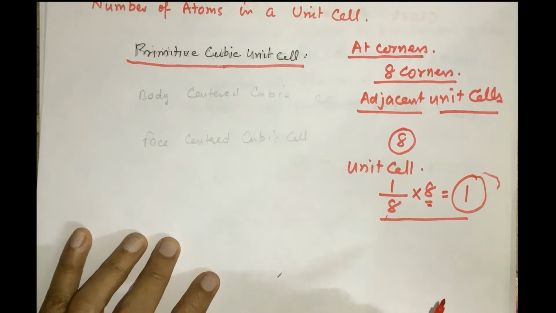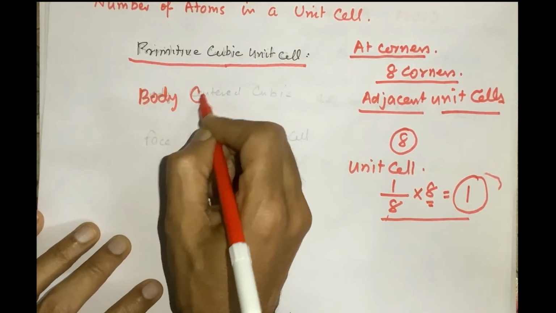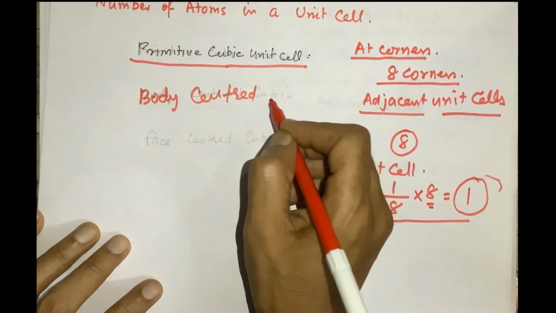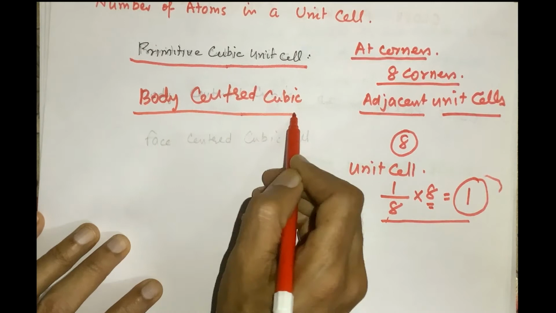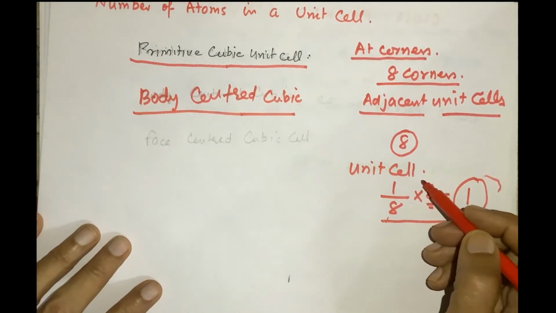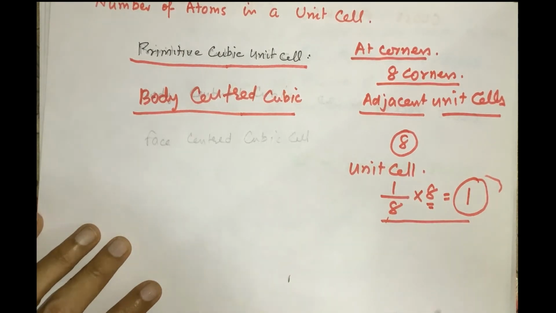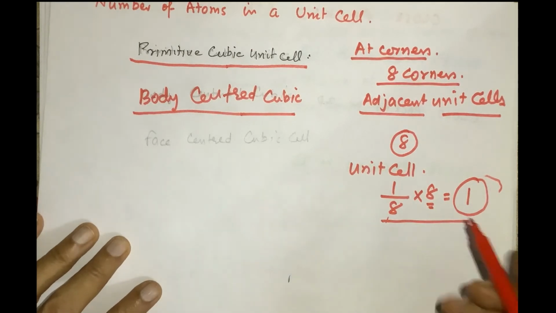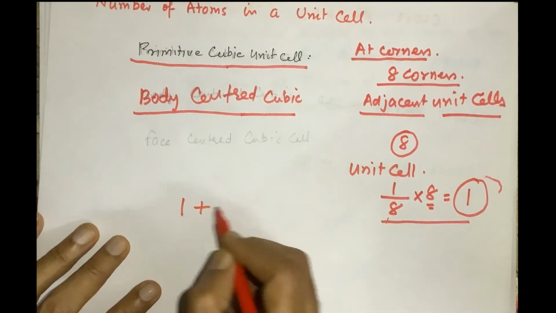Now if we see body centered cubic cell, in body centered what we have learned, that the constituent particles are present at the corners, and beside this there is 1 constituent particle at the center of the body. Then one constituent particle, 1 atom here, plus 1 at the center.